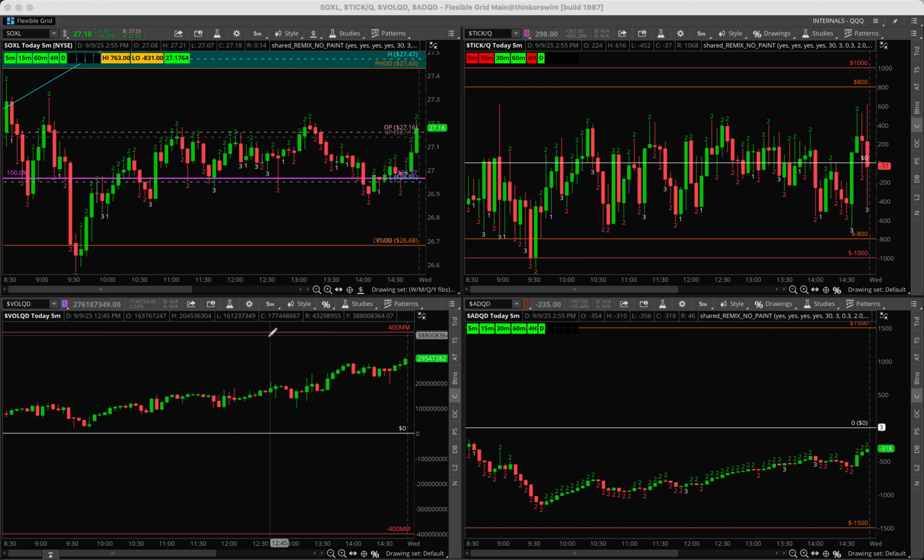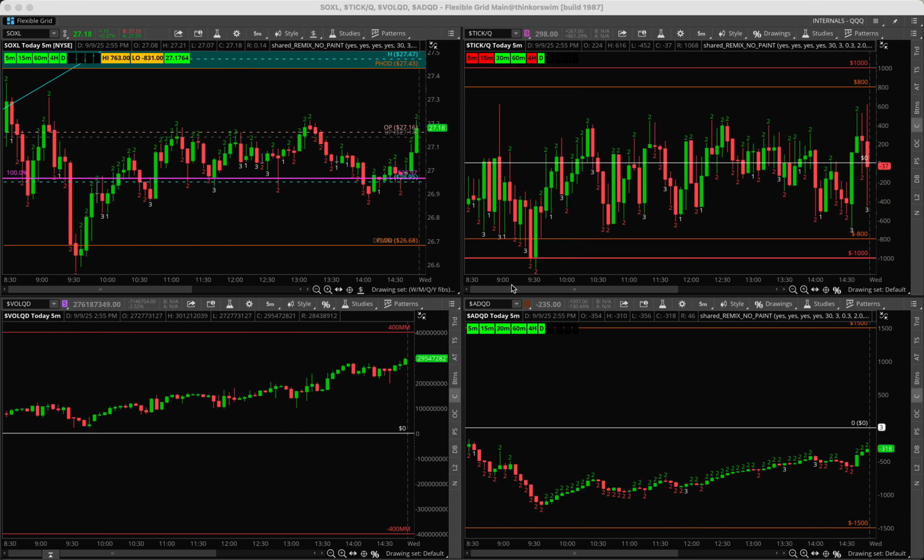It wasn't at a breakneck pace. It was a slow buildup of money pouring in, but the breadth was below the zero line for a lot of the day, right? And then once it was up around the zero line, it was just playing with the zero line. So you can see that the internals basically play out as the day did.